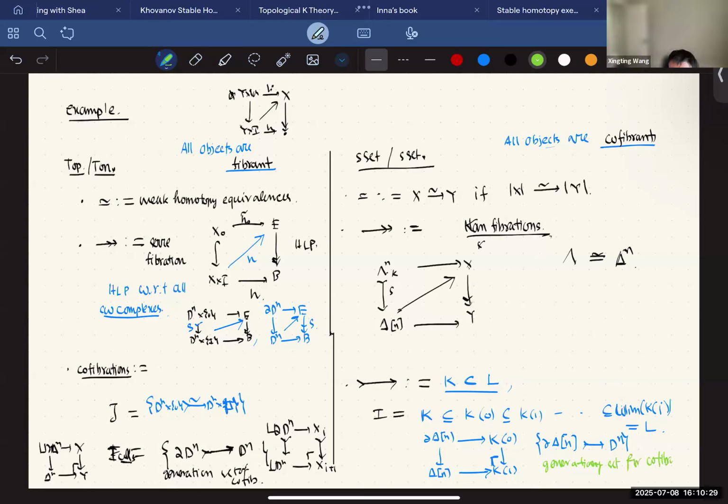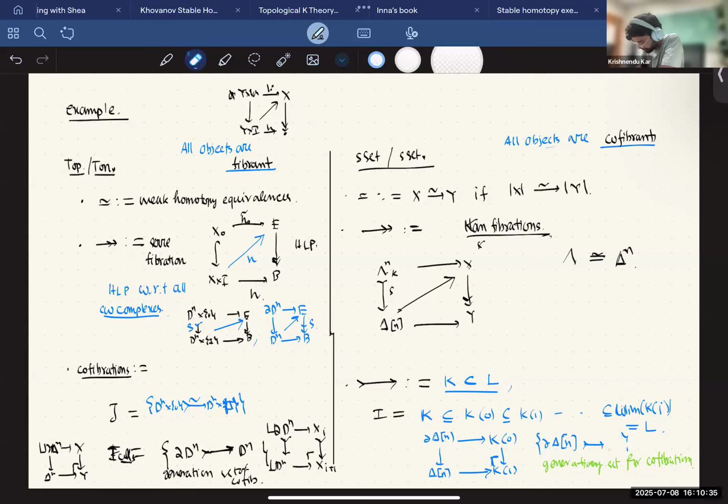You will literally declare them your generating set for your cofibrations, and you'll get all your cofibrations back.